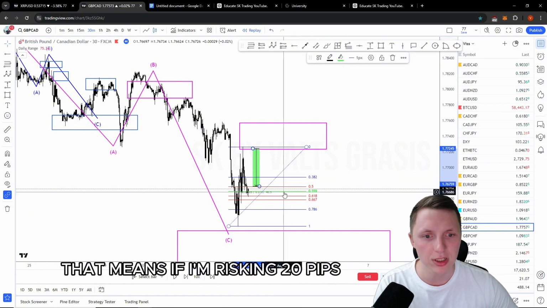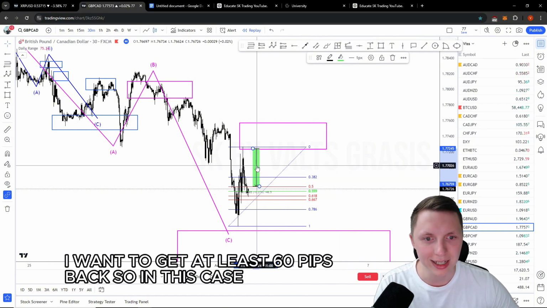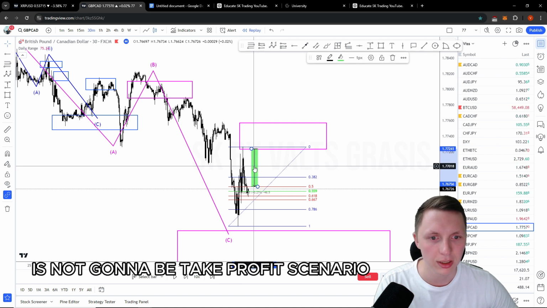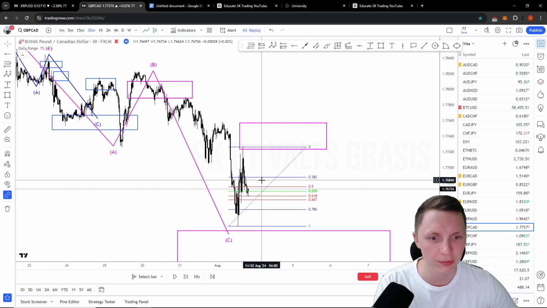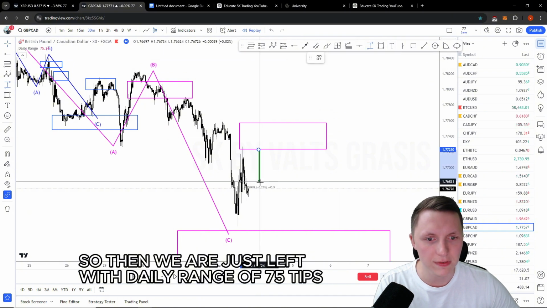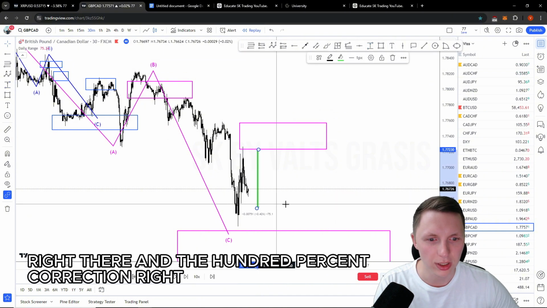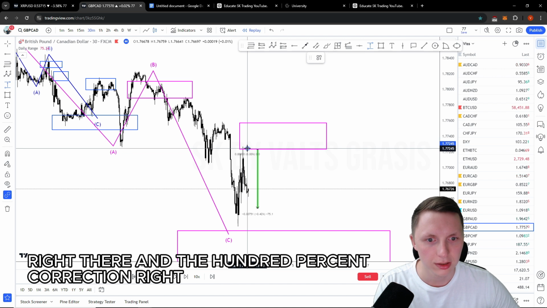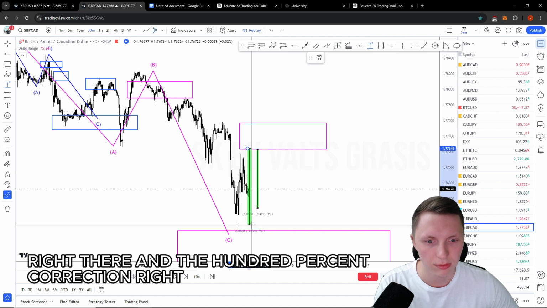That means if I'm risking 20 pips, I want to get at least 60 pips back. So in this case, the opposite correction level is not going to be a take profit scenario. Then we are just left with the daily range of 75 pips right there and the 100% correction, correct?